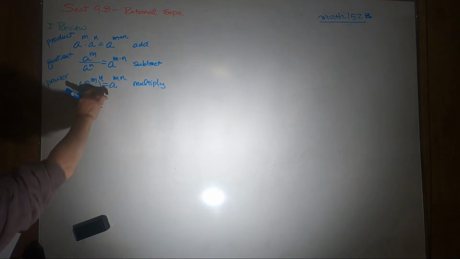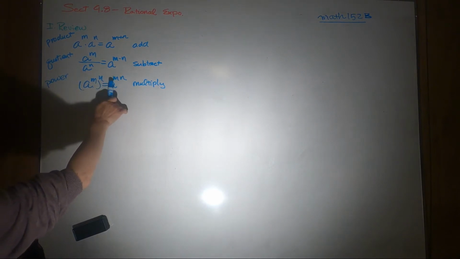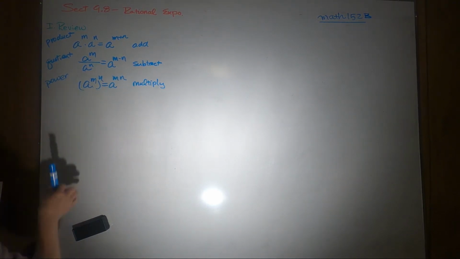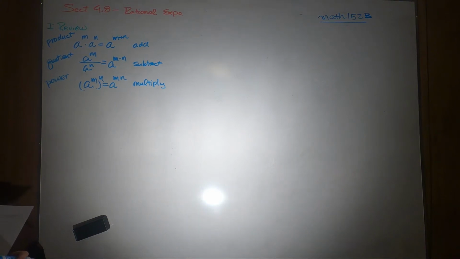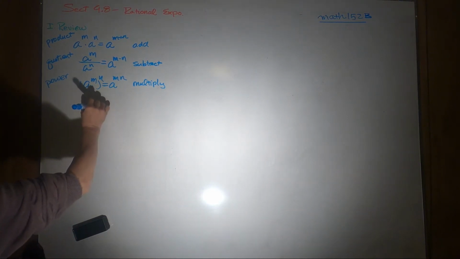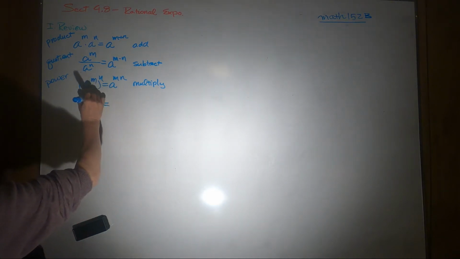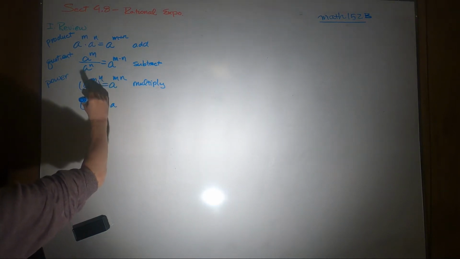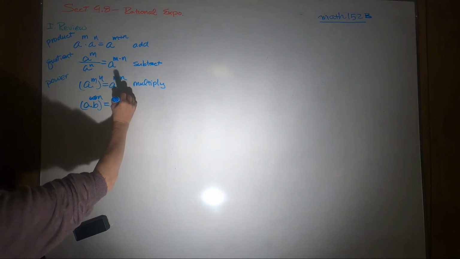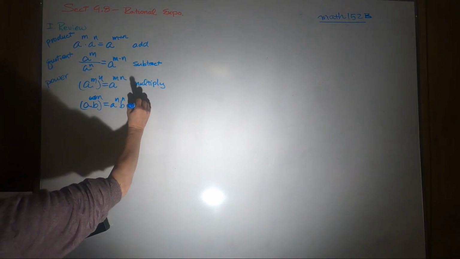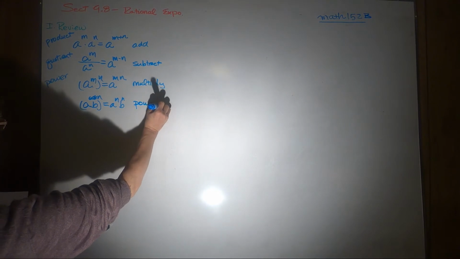Two powers instead; we wanted to write only one power for a single base. If you have two bases with one power, you distribute, and that would be a^n b^n. So we distribute our powers.